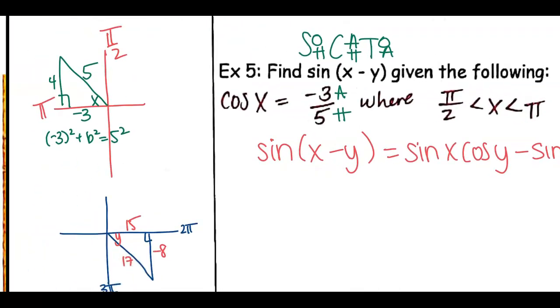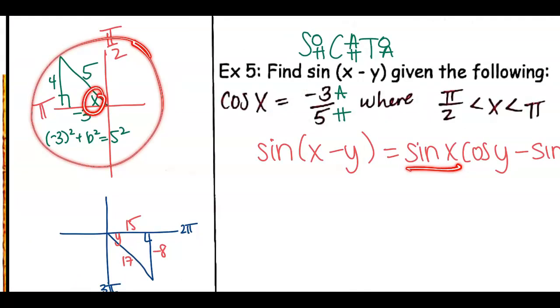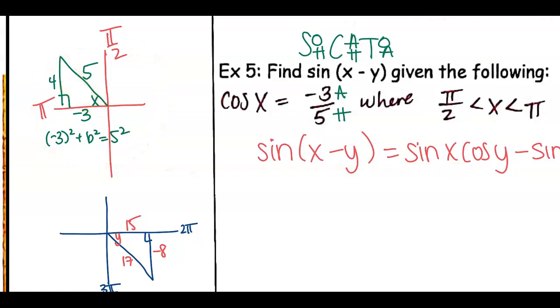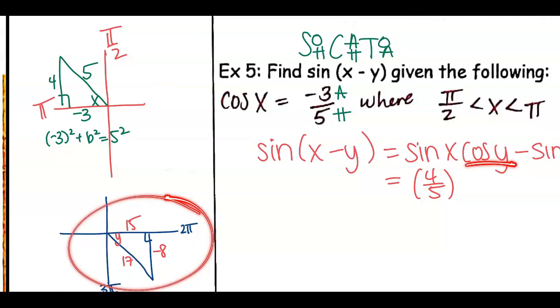So when it asks you for sine of x, look at your x. Sine is opposite over hypotenuse. So if you take x opposite over the hypotenuse, you'll be able to create a ratio, which in this case will be 4 over 5. Let's do the same thing for cosine of y. Here's triangle y. Cosine is the adjacent over the hypotenuse, so that's 15 over 17.